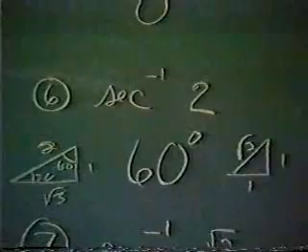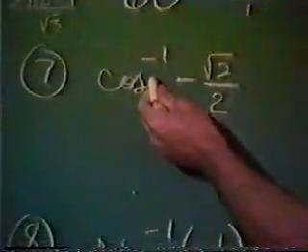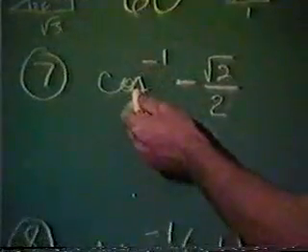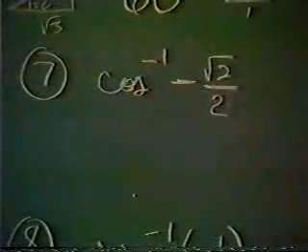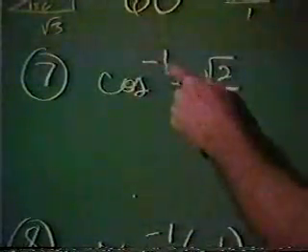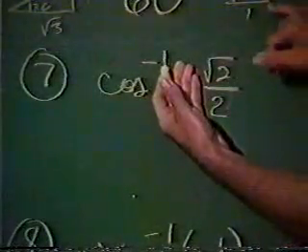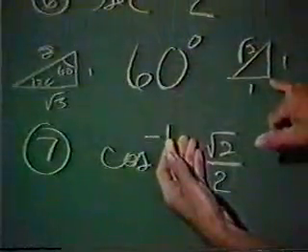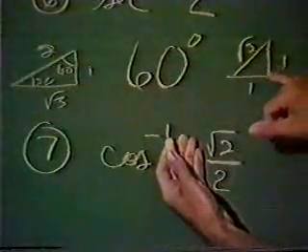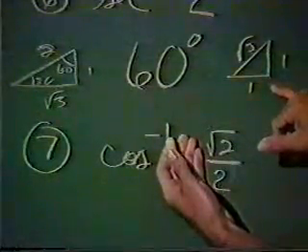Okay, example 7. What angle is the cosine of minus the square root of 2 over 2? Looking back at this triangle, the square root of 2 over 2 is 45 degrees.